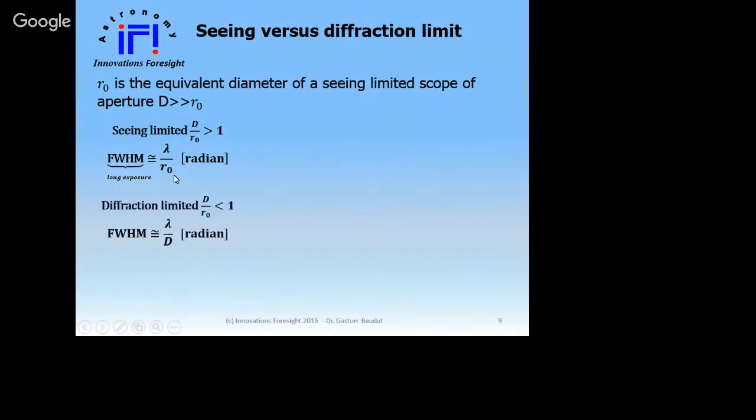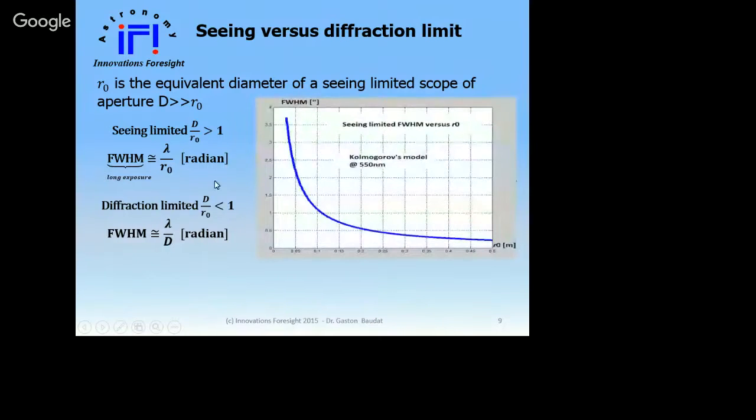Now, if the scope has a diameter such that D over R0 is smaller than 1, you are mainly diffraction limited, and the resolution is pretty much given by the diffraction limit, which is lambda over D. And you can see on the Kolmogorov model the relationship between the seeing in arcseconds and the R0 in meters.